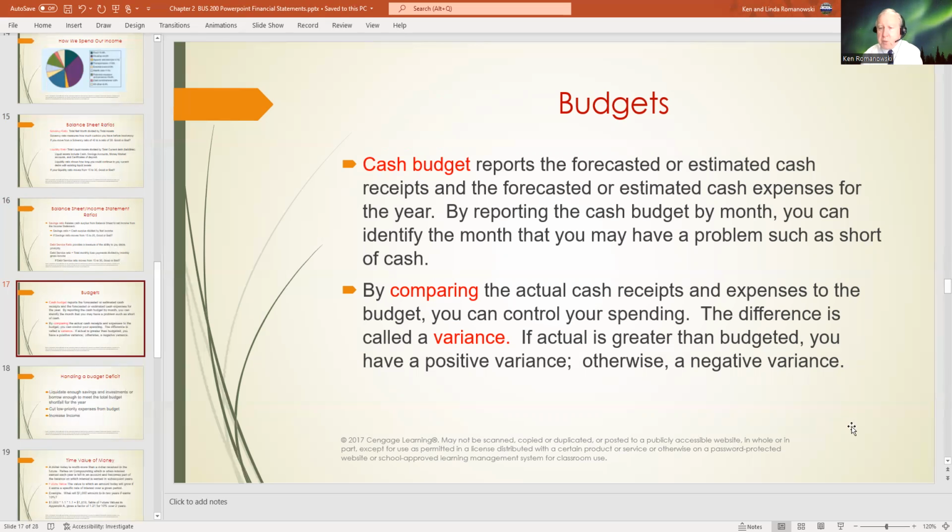The difference between the cash receipts and the cash budgets and the cash expenses and the expense budgets is known as a variance. If your actual number is greater than budgeted, then you have a positive variance. Otherwise, you have a negative variance. So you'd rather have a positive variance.